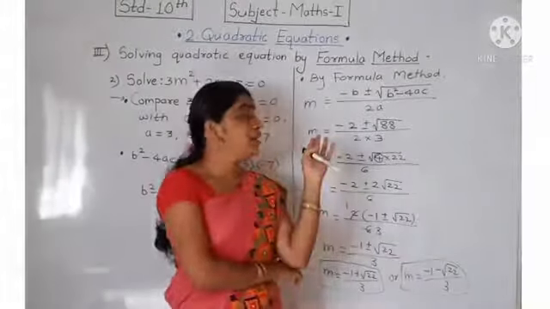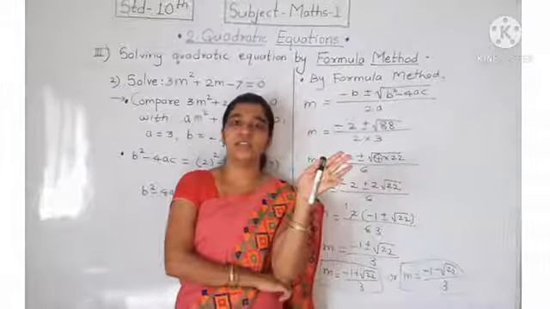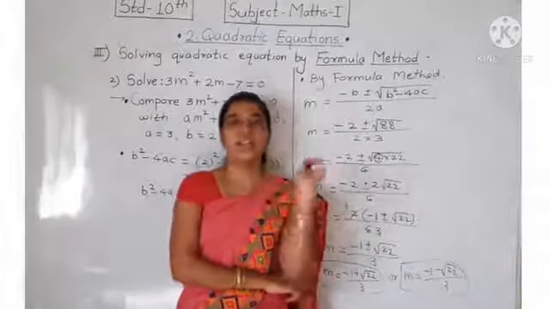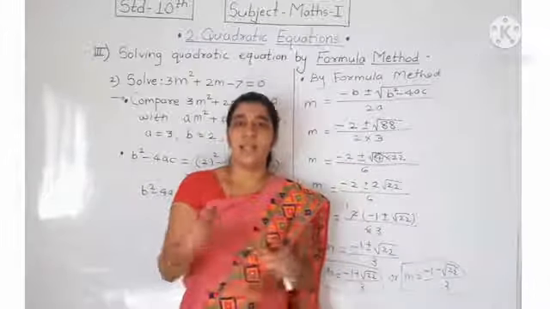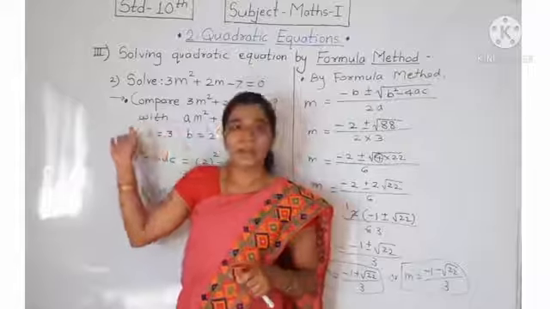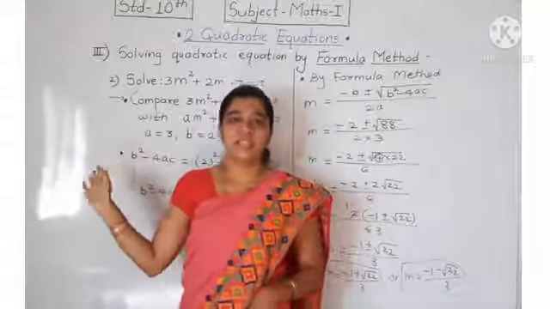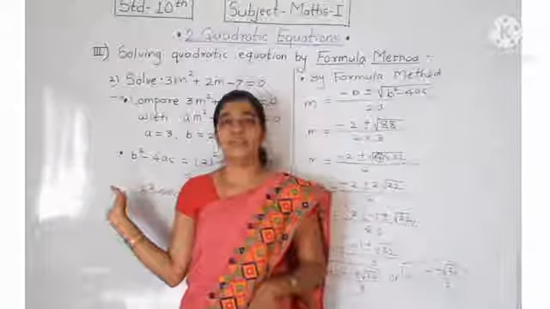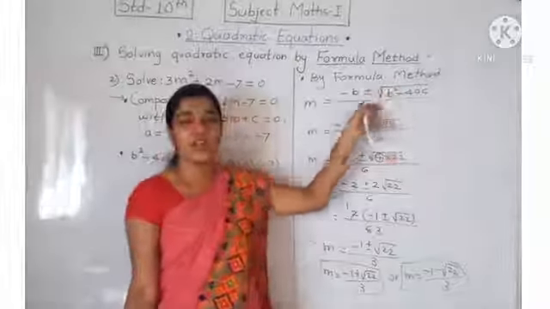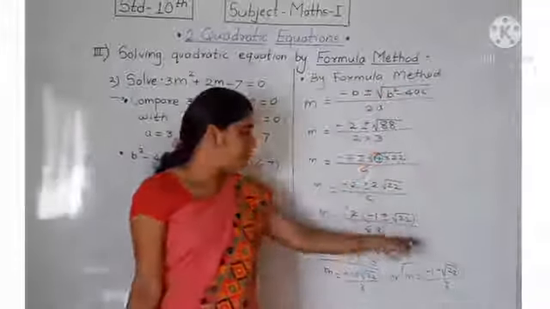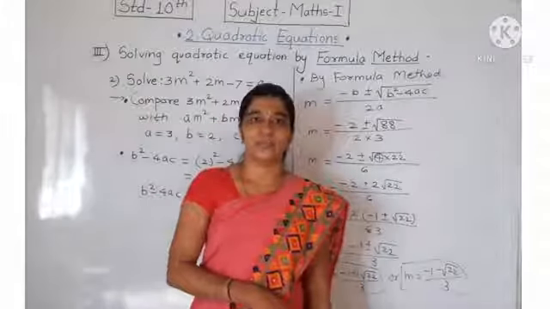And in the formula method, you remember first that the given equation must be in standard form. First make the given equation in standard form, and then you compare and find the values of a, b, c. Second step, find b square minus 4ac, and third step, write the formula, put the values correctly, and then simplify to get the two values of the given quadratic equation.